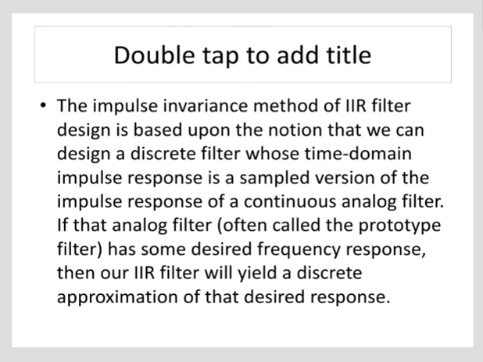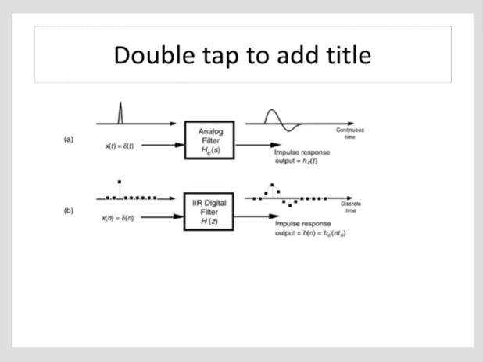The impulse invariance method of IIR filter design is based upon the notion that we can design a discrete filter whose time domain impulse response is a sampled version of the impulse response of a continuous analog filter. If that analog filter has some desired frequency response, then our IIR filter will yield a discrete approximation of that desired response.